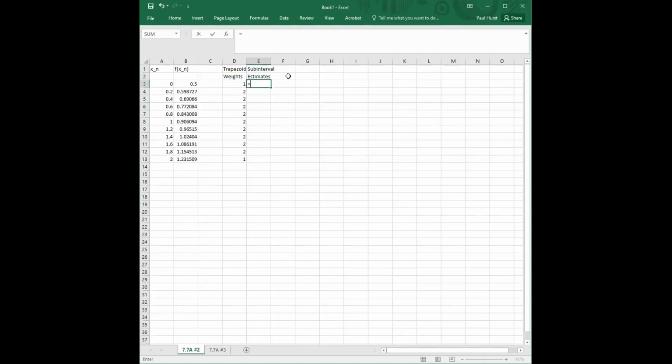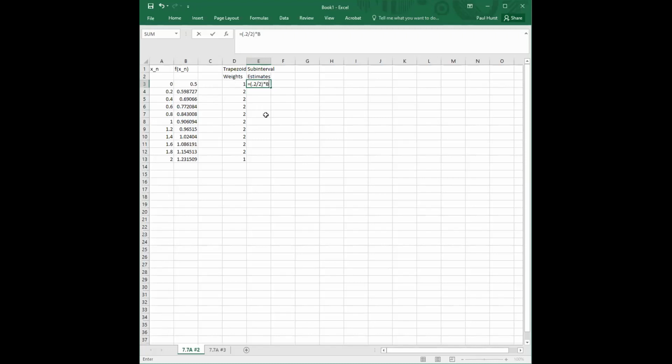So what that one is, H is 0.2, and I'm going to divide that by 2. So this represents H divided by 2. And then I'm going to multiply by the function value and times the weight.